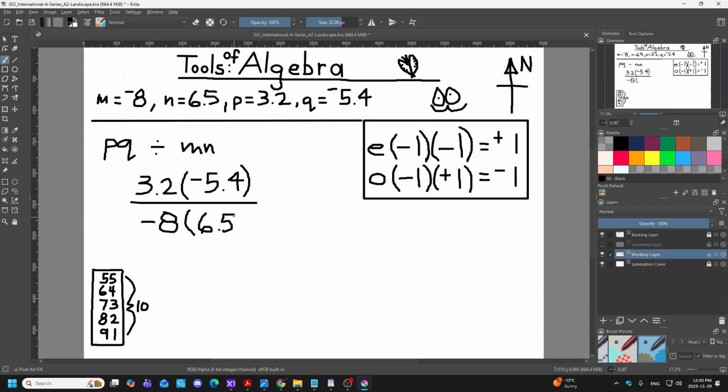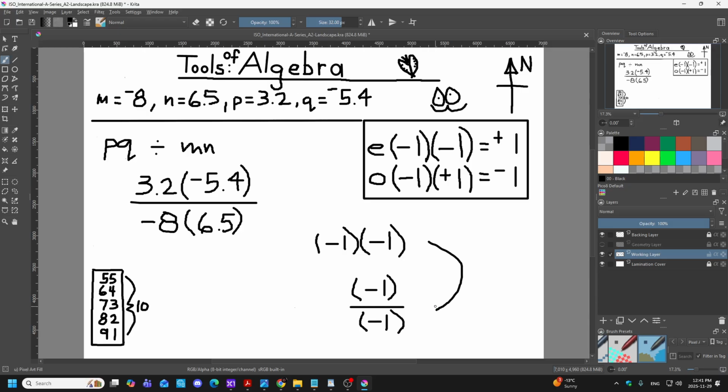Just do a quick double check. Make sure you substituted properly. 3.2. Q, negative 5.4. M, negative 8. And N, 6.5. Okay. So we have a negative divided by a negative. It doesn't matter if it's a negative times a negative, or if it's a negative divided by another negative.